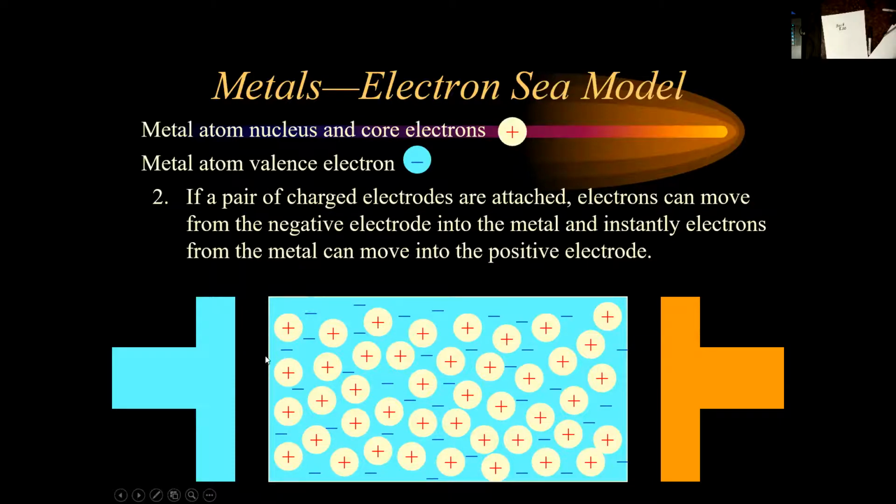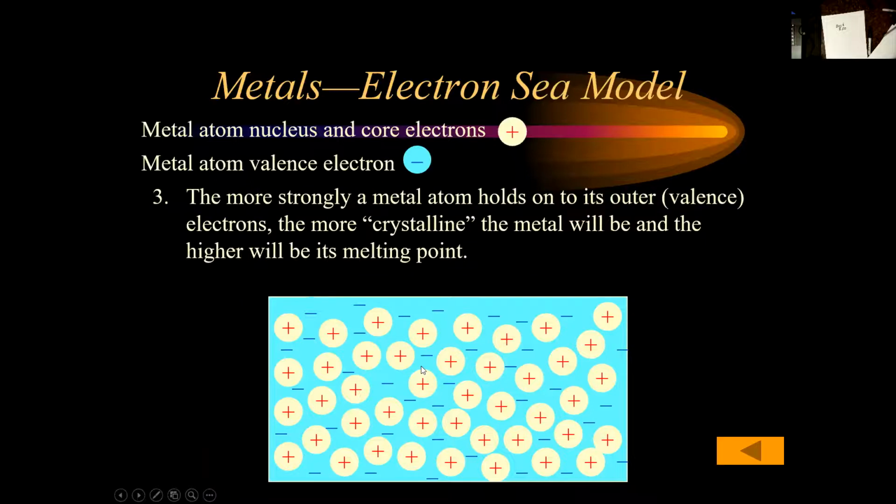Or if I've got thermal energy, the random molecular motion hitting these electrons on this side would transfer that heat right down the line to the other side. So metals are good electrical conductors and good heat conductors, and we think that's true because the metals are bonded in this electron sea type of configuration.